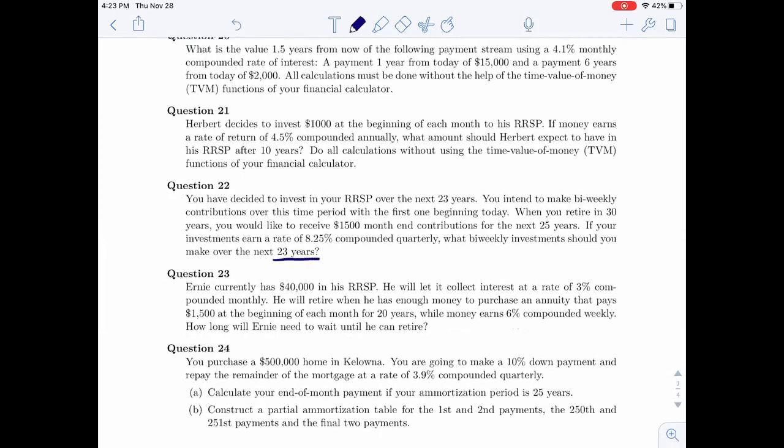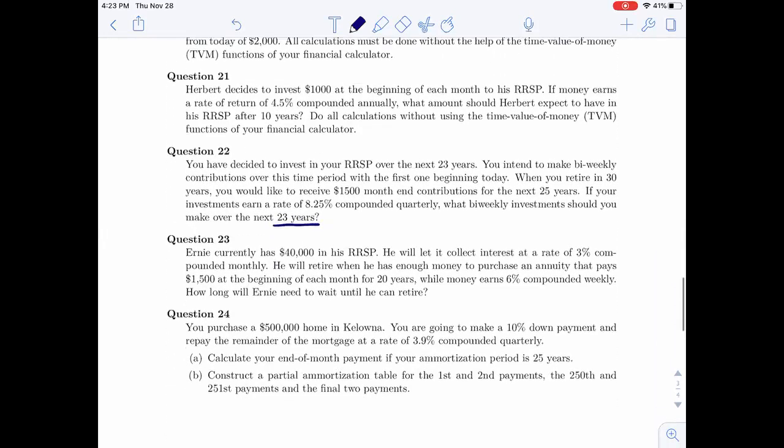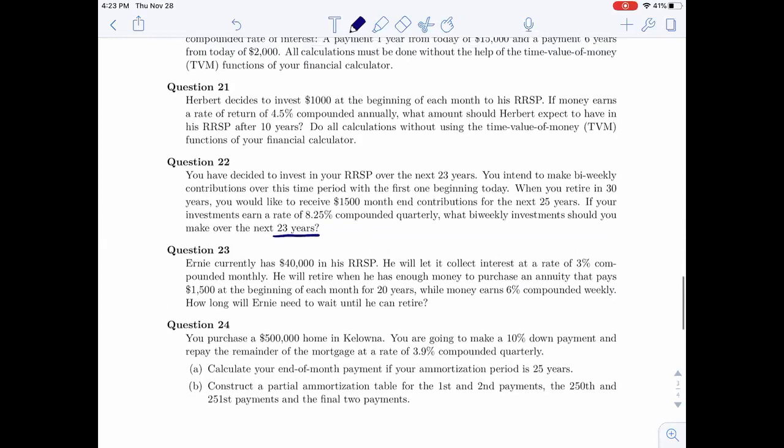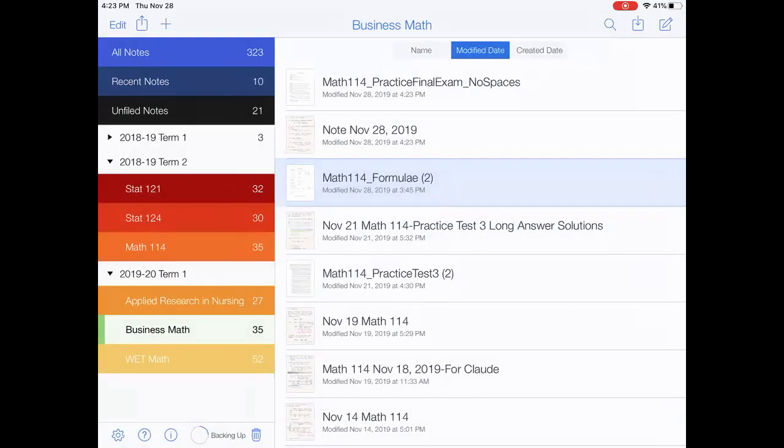It should be 23 years. And so just make sure that you change that on your handout to be 23 instead of 20. Because I caught it after I had printed them, and I thought, I'll just tell you guys what to do.